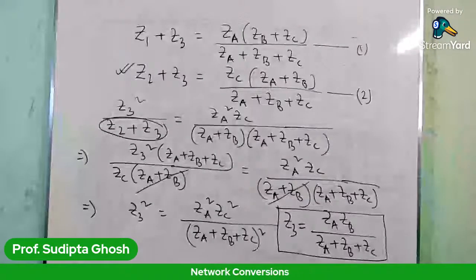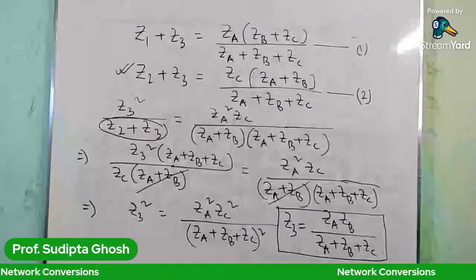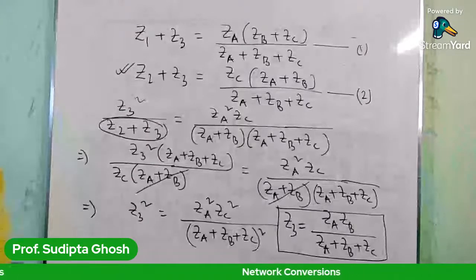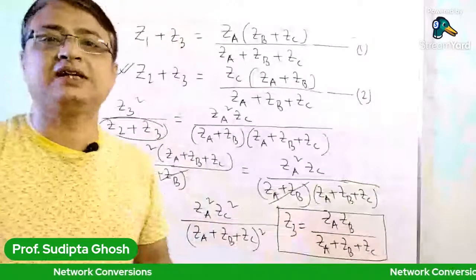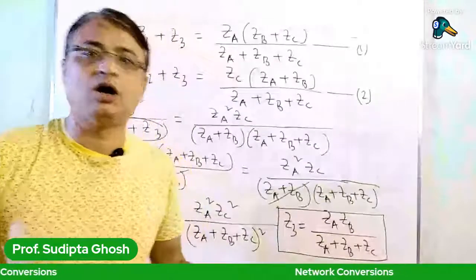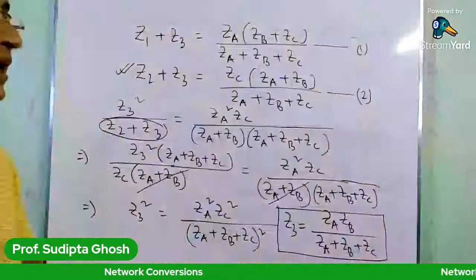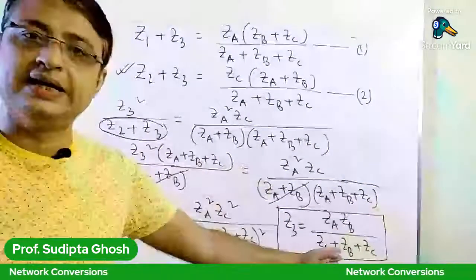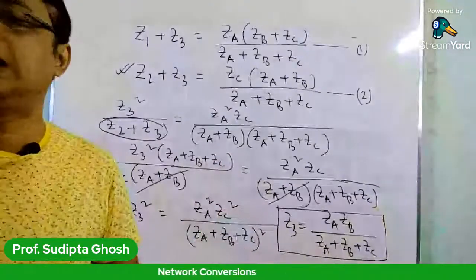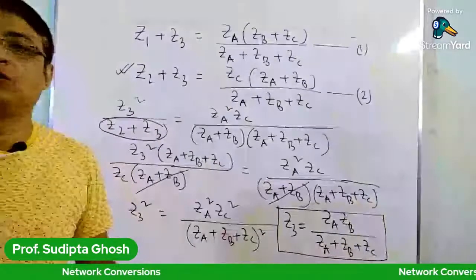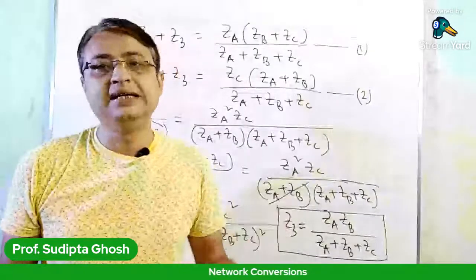So if you have the values of ZA, ZB and ZC for a pi section, we can readily calculate the value of Z3, which is in the T section of a network. So this is the way by which we can convert a pi network into a T network. If you are given a pi network, you can easily convert it into a T section.